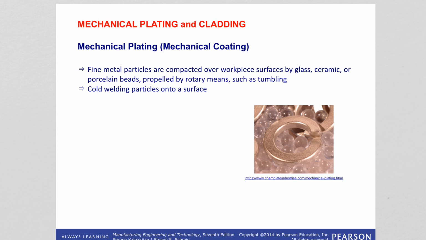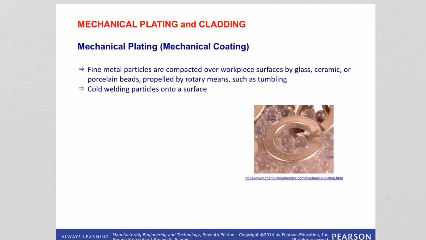They are compacted over workpiece surfaces by using glass, ceramic, or porcelain beads, propelled by rotary means such as tumbling. In this image you are seeing those beads and the part that has been coated.